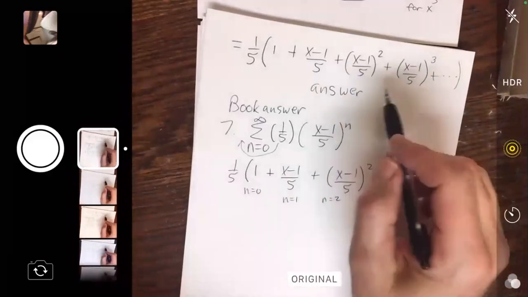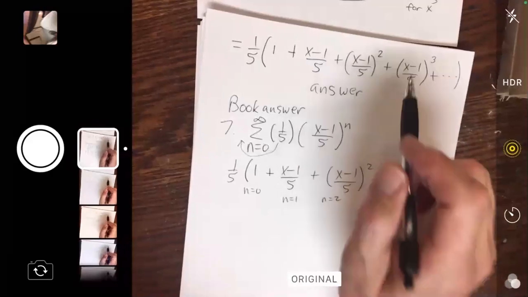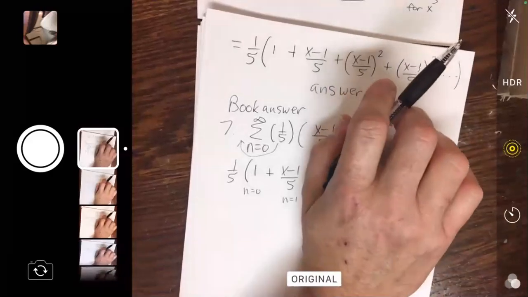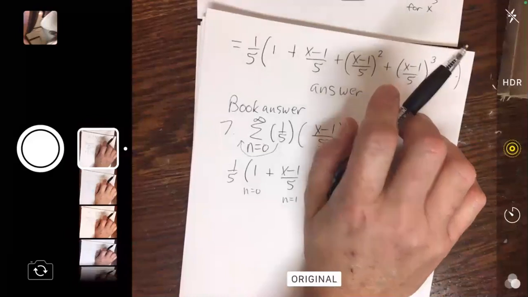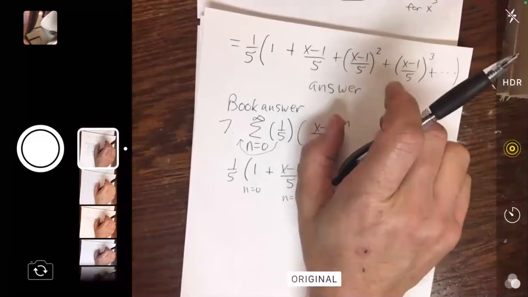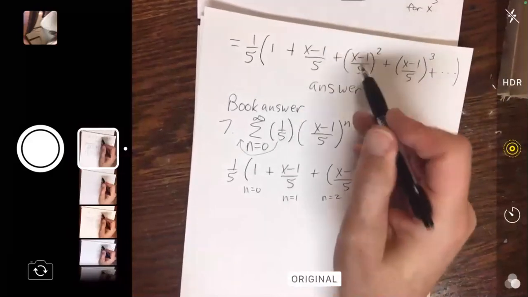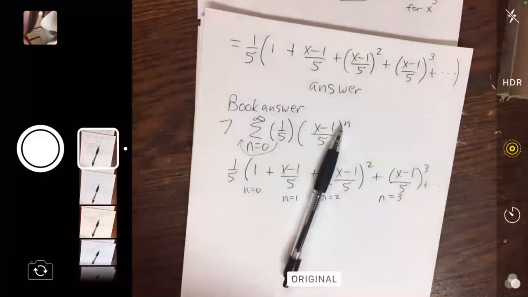You'd have to do a ratio test on this, and then you'd have to check at the endpoints. Well, the endpoints come out of the ratio test. Whatever the ratio test shows you for endpoints, you then have to plug those. I mean, you'd be here another 30 minutes. Seriously, those are projects.